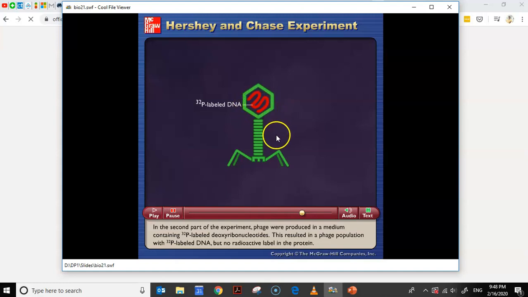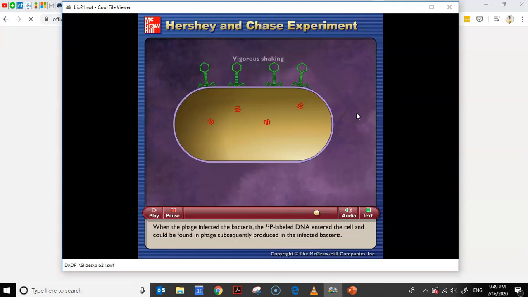So you can see that the number of phage viruses that had been produced all included the DNA radioisotope. Okay, guess what happens when these phages, including the radioisotope DNA, attack the bacteria?